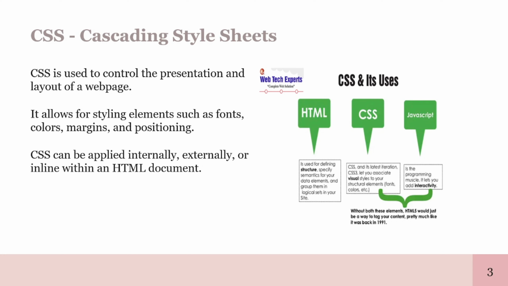All these things belong to CSS, the colors and styling of a web page. We can apply CSS in three ways: internally, externally, or inline within an HTML document. We will work on them practically in our next videos.